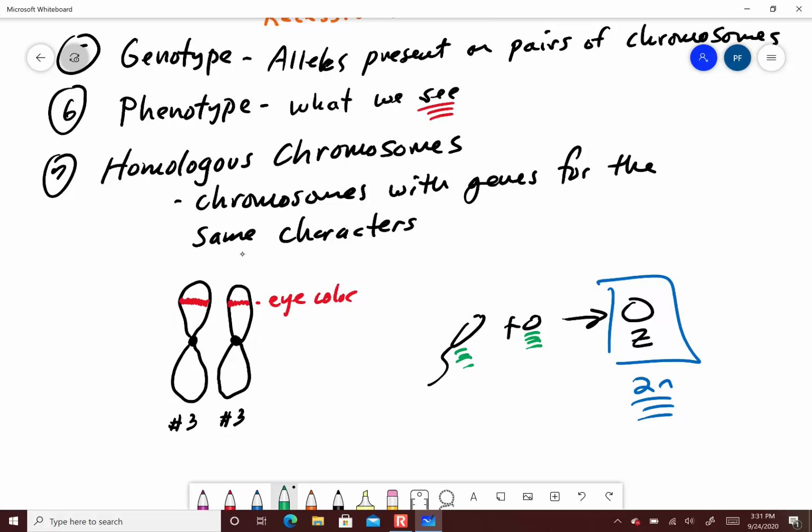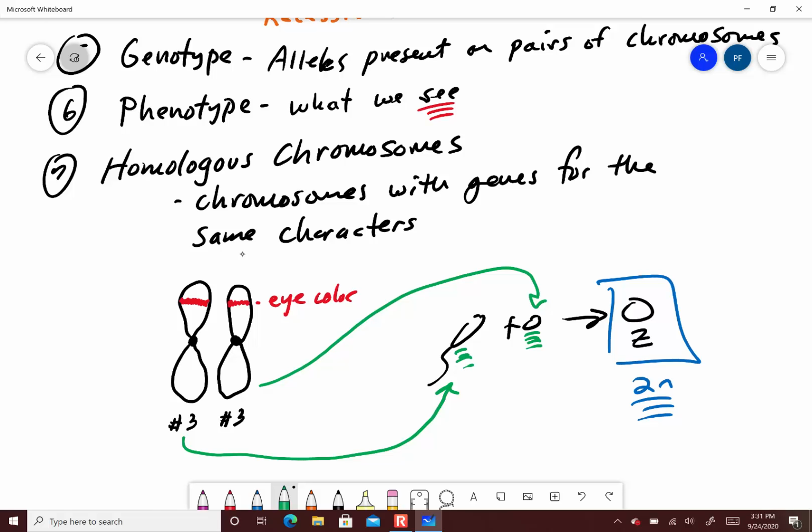So what we have is your eye color is half from the sperm cell, half from the egg cell, because this one was from the sperm cell, this one was from the egg cell, right? So we always hear half your DNA from each parent. So that's all this homologous pair is. All it means is that we've got 2 number 3s, one from each parent. They both have a gene for eye color or hair color or whatever it happens to be.